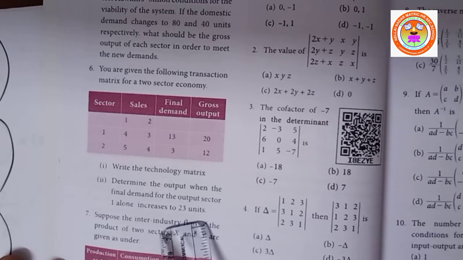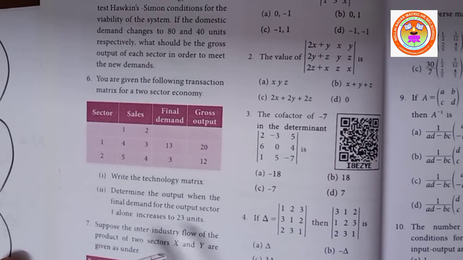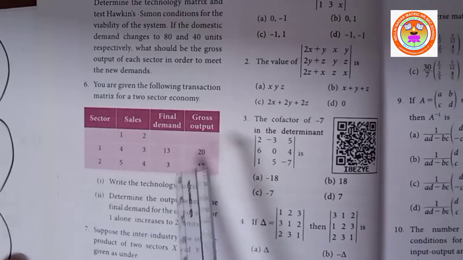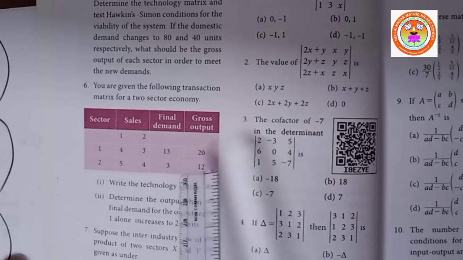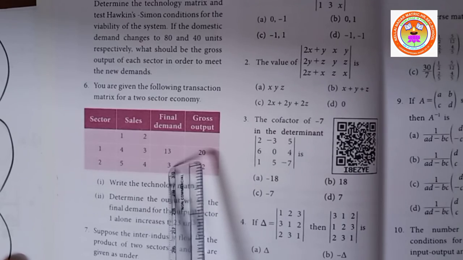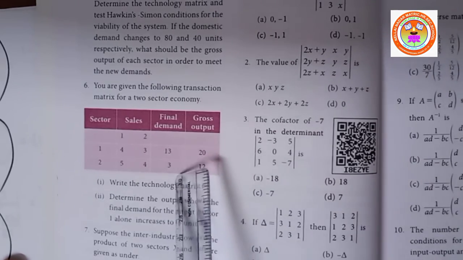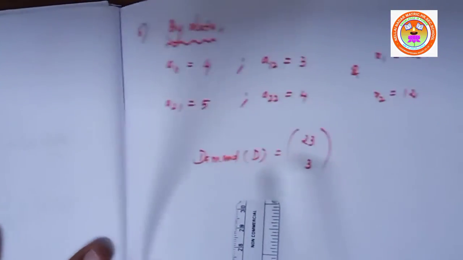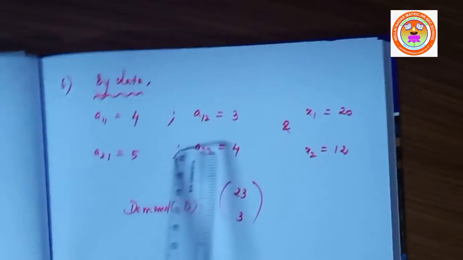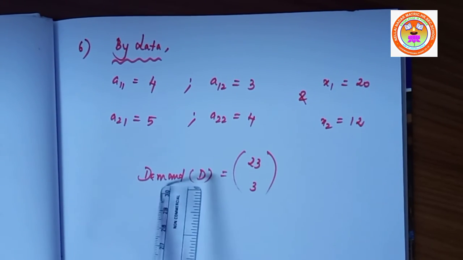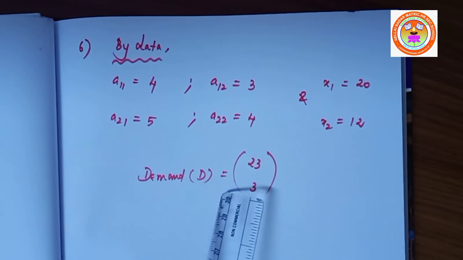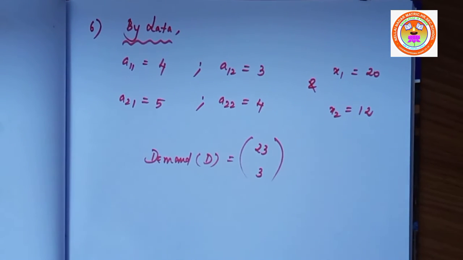So the demand matrix capital D should be considered as, instead of 13, you have to consider 23 according to the data, and this one you can retain as it is, 3. So 23 and 3. I have written everything here. Look at that: A11, A12, A21, A22, X1, X2 and the demand matrix. Then we have to find out the technology matrix as well as the output.